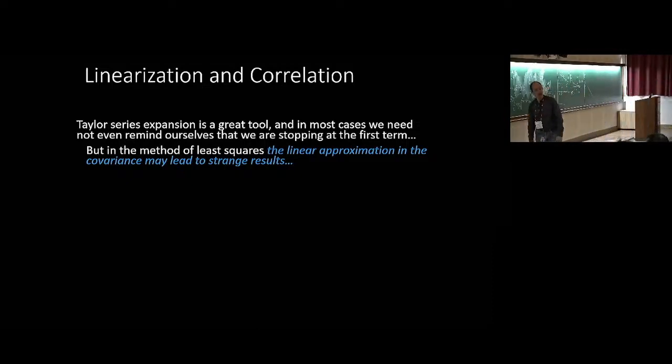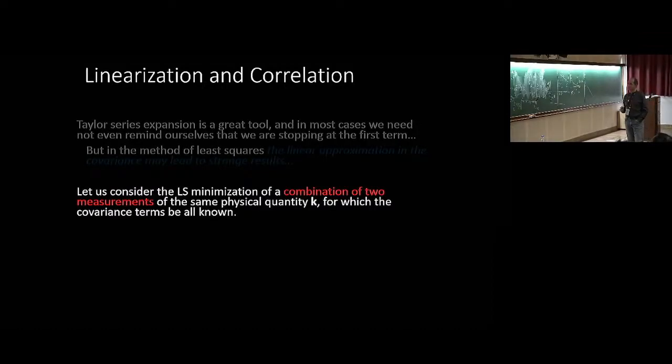But when we do the method of least squares, we can have some problems from the approximations of the covariance matrix. We will see what I mean in a minute. So we consider the least square minimization of a combination of two measurements of the same physical quantity, for which we know the covariance terms.